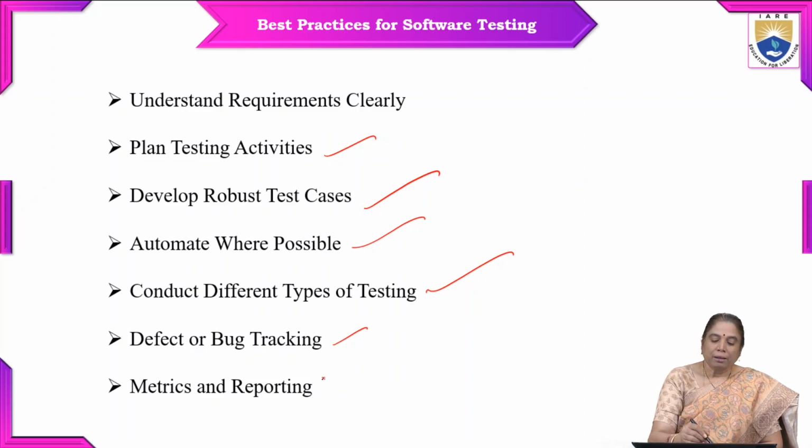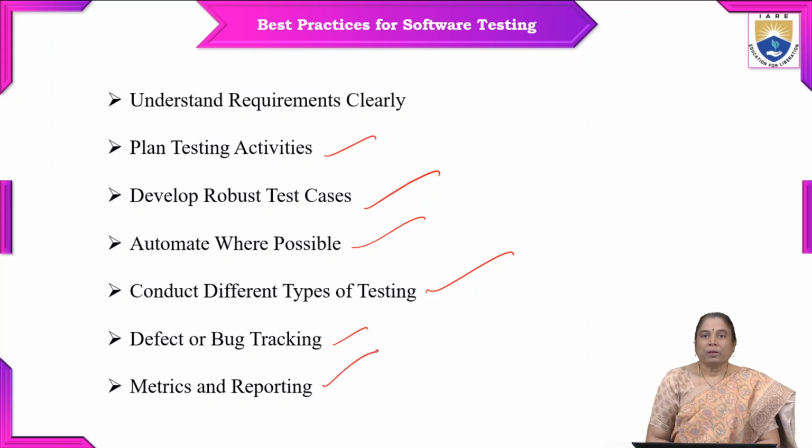According to CMM and various standards, each piece of work in the company can be quantified or measured. So, for the testing process also, a variety of metrics can be used, which generally come under severity and priority. Best practices for software testing can focus on all these objectives.